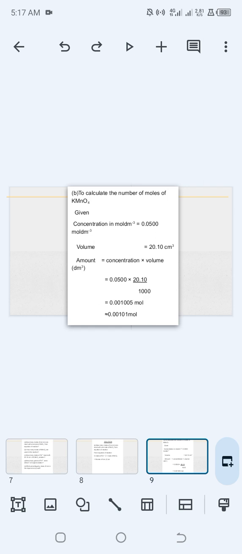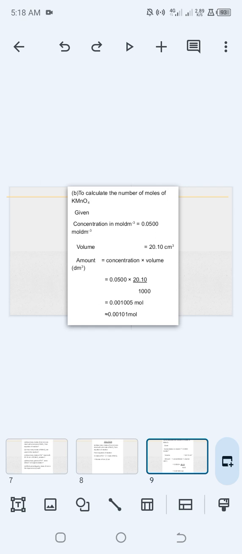That's the concentration in mol/dm³, while the volume is 20.10 cm³. This 20.10 cm³ must be in a standard of 1 dm³. That shows this 0.0500 mole per dm³ is in just 20.10 cm³ by volume. You must calculate the amount in dm³.